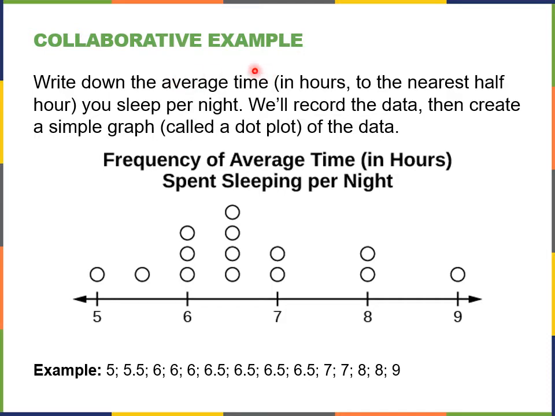So something like this, if we were to write down the average time in hours, to the nearest half hour, that you would sleep per night, and then we record that data, we can create a simple graph to organize it. This is called a dot plot here.